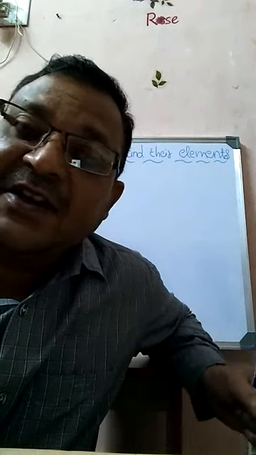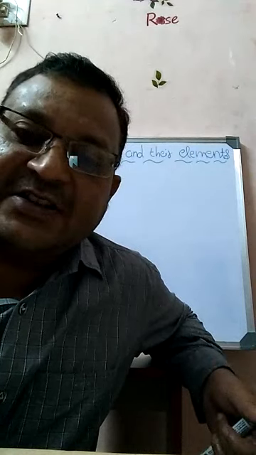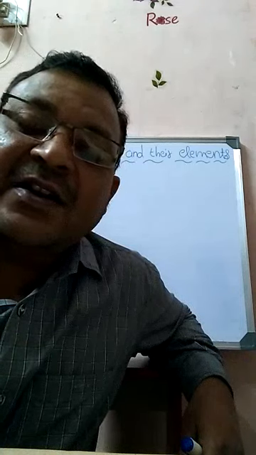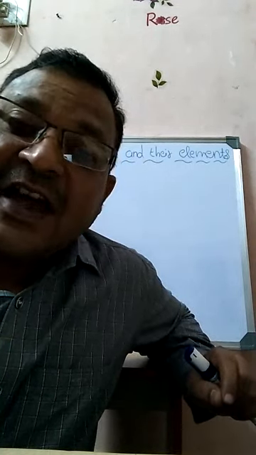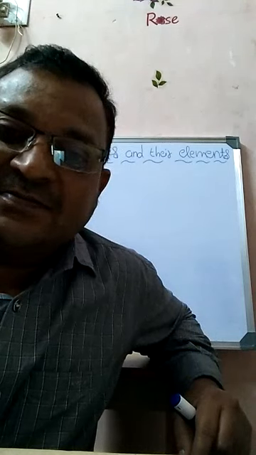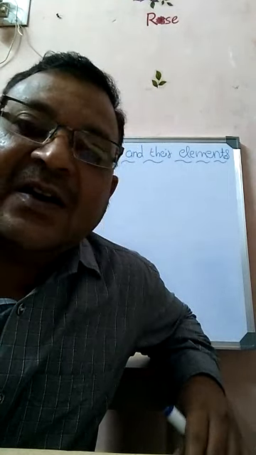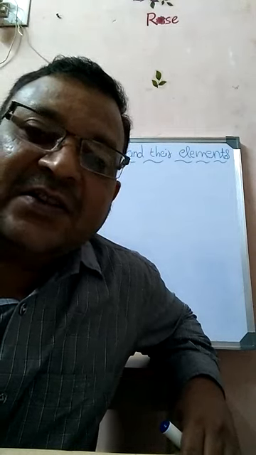The objects which have three dimensions, that is length, breadth and height, are called three-dimensional figures, or three-dimensional solids, or three-dimensional objects. Once again the definition: the objects which have three different dimensions, length, breadth and height, are called three-dimensional solids.